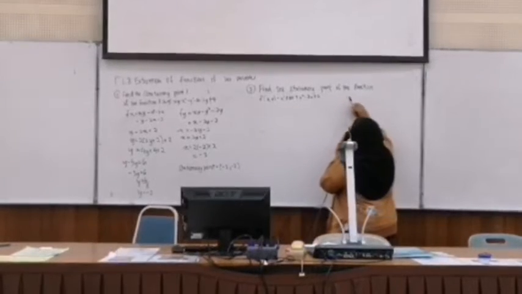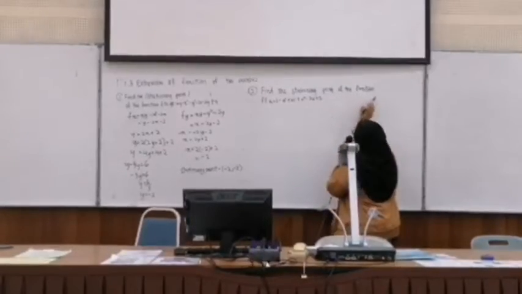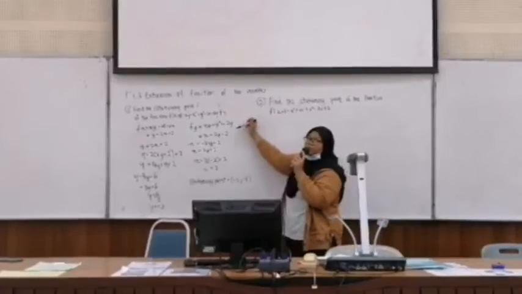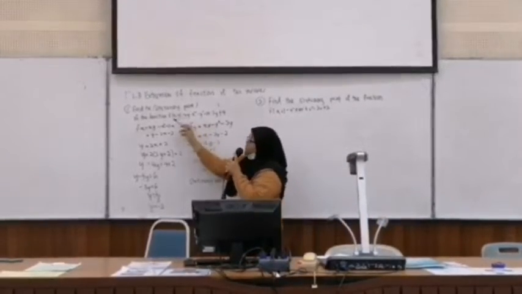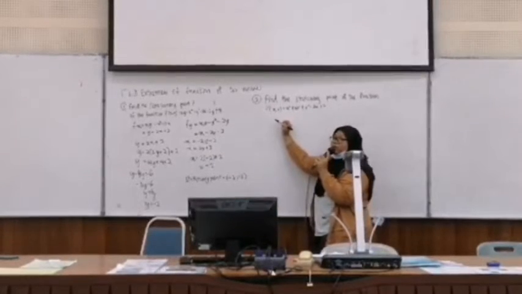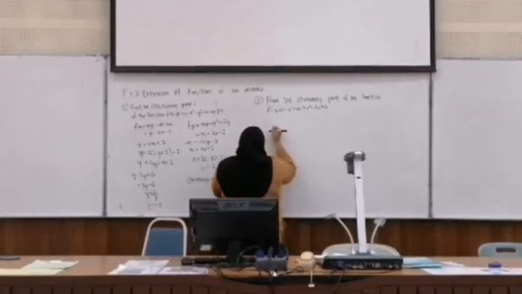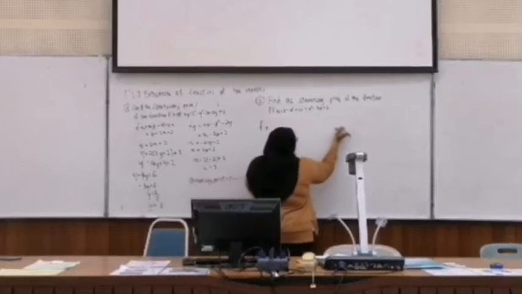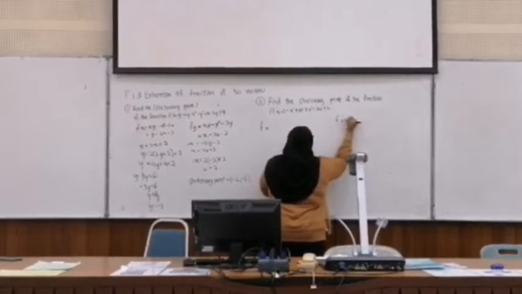Let's find the stationary point of the function f(u,v). Here we used f(x,y) because they asked for x, y, and this one they ask for u, v. So we will find f_u first and f_v.